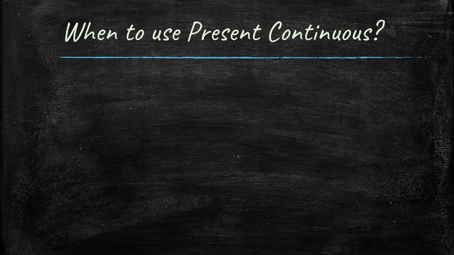Now let's see when to use the present continuous. So the present continuous is generally used to talk about actions that are happening at the time of speaking or generally around the time of speaking.